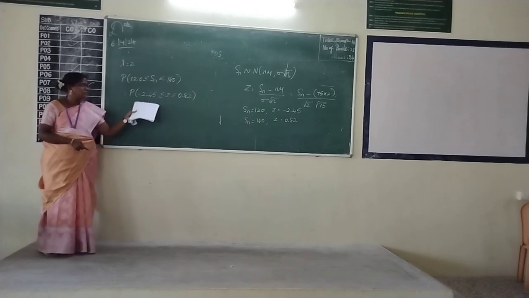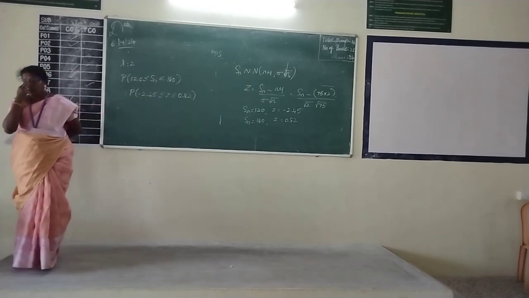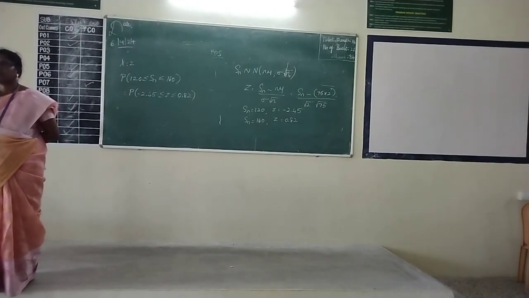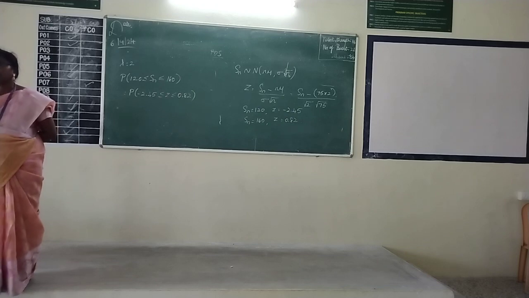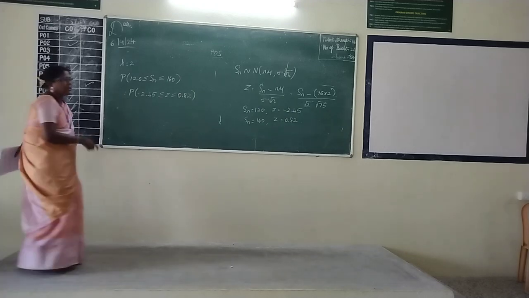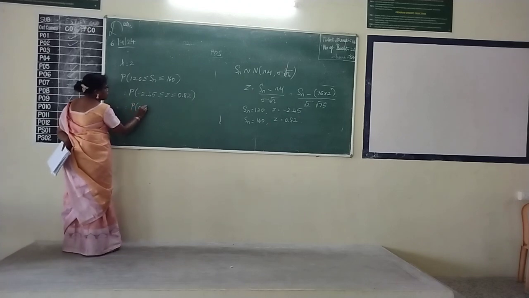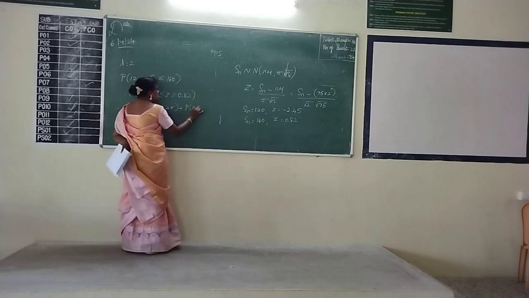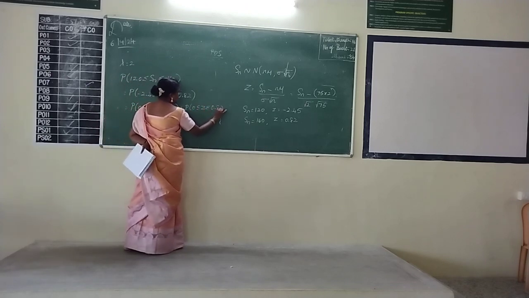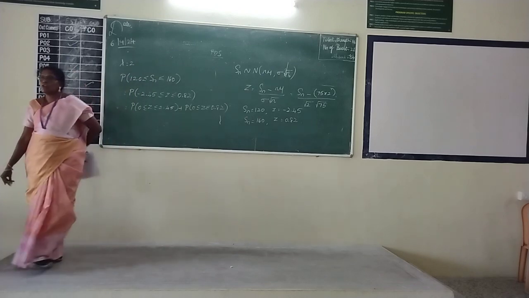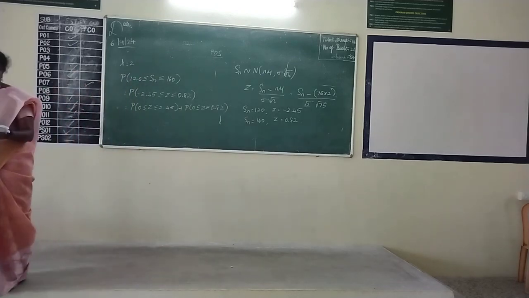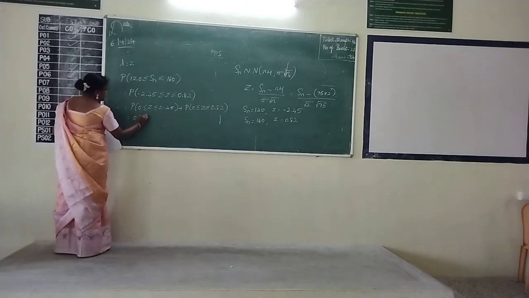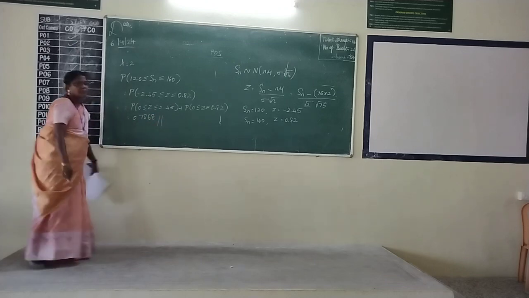Normal table is defined only for which values? 0 to z. You rewrite these two values from 0. So you can write this as probability of 0 less than or equal to z less than or equal to 3.45 plus probability of 0 less than or equal to z less than or equal to 0.82. Because normal tables are defined only from 0 to z. So using the normal table you get the answer to be 0.7863.